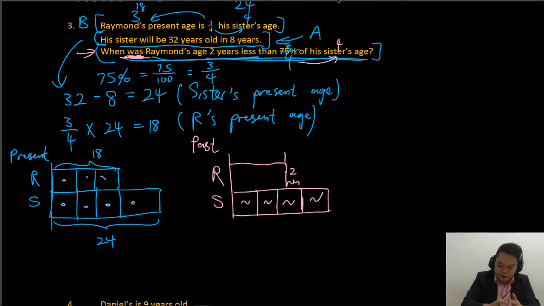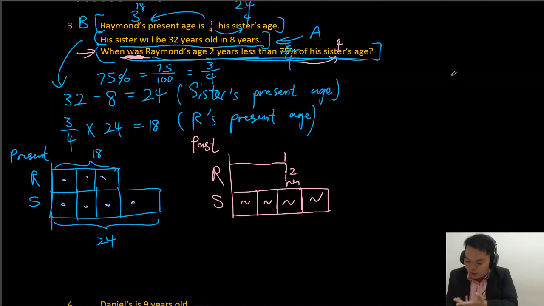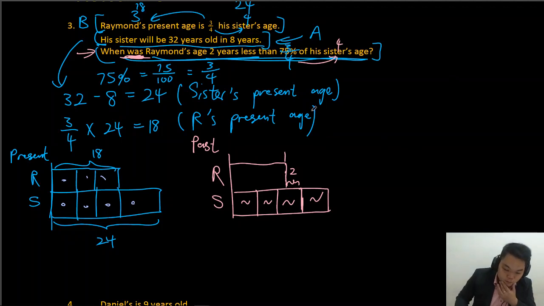Okay, so having defined all these problems already, what else can we do? Look carefully for what you need to find. When was this? Not their absolute age. So recall that because we are dealing with age difference over here, we are dealing with a problem in ages, the age difference is always going to remain unchanged at 6.